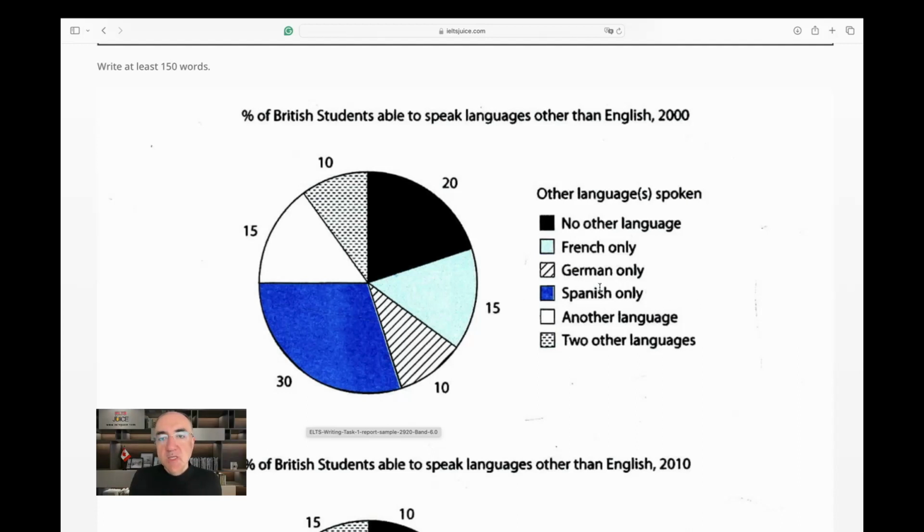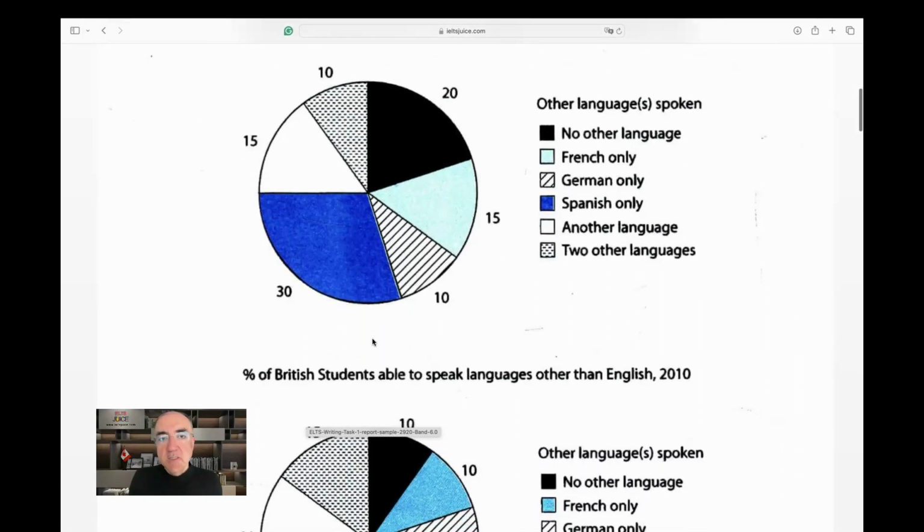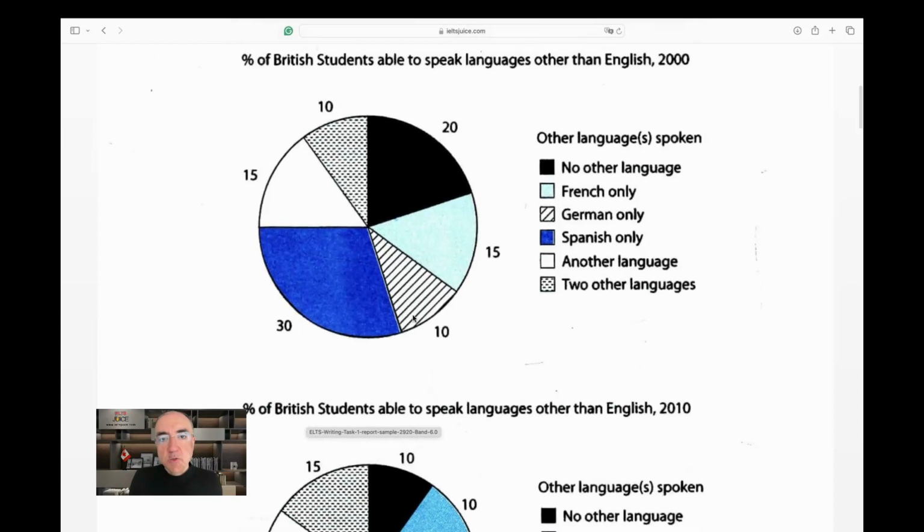So that's one. That's the highest. What's the lowest? There are two categories for the lowest. And these two are German, and there were only 10% who were able to speak two other languages. We don't know which two, but two more than English.